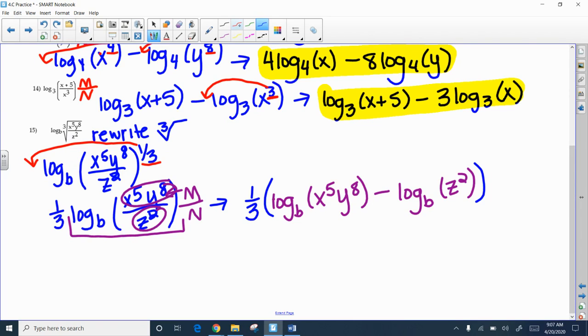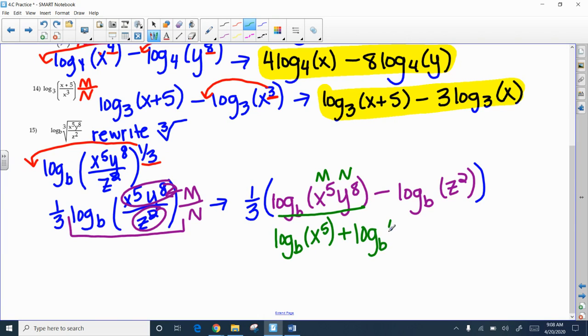Okay, I'm not done yet though, because this still needs to be expanded more. This expression here is in the form log base b of m times n. So the m is x to the 5th and the n is y to the 8th. So when I expand that, it's going to be in the form log base b of m, so log base b of x to the 5th, plus log base b of n.